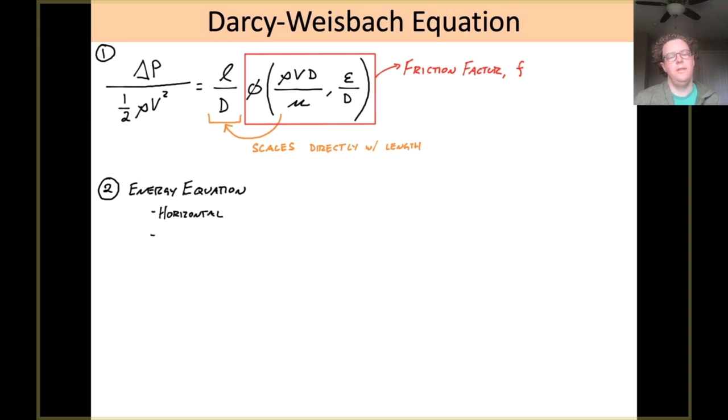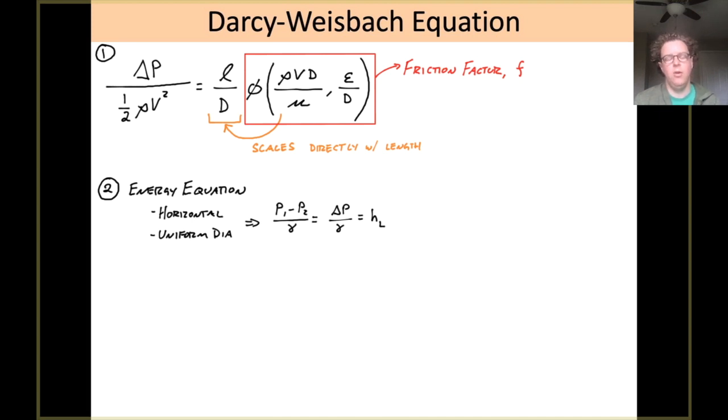So the second thing that we'll do here is write the energy equation for a horizontal pipe, so Z1 equals Z2, and for a pipe of uniform diameter. So if the diameter is the same at points 1 and 2, the velocity must also be the same at points 1 and 2. And so what you can recover from the energy equation then is this fairly simple relationship that says the pressure drop over specific weight, that is the head loss.